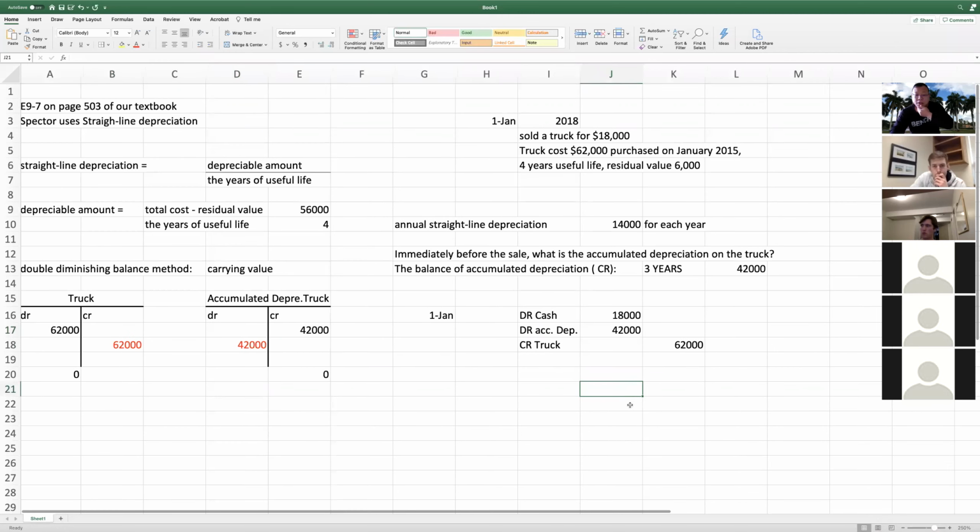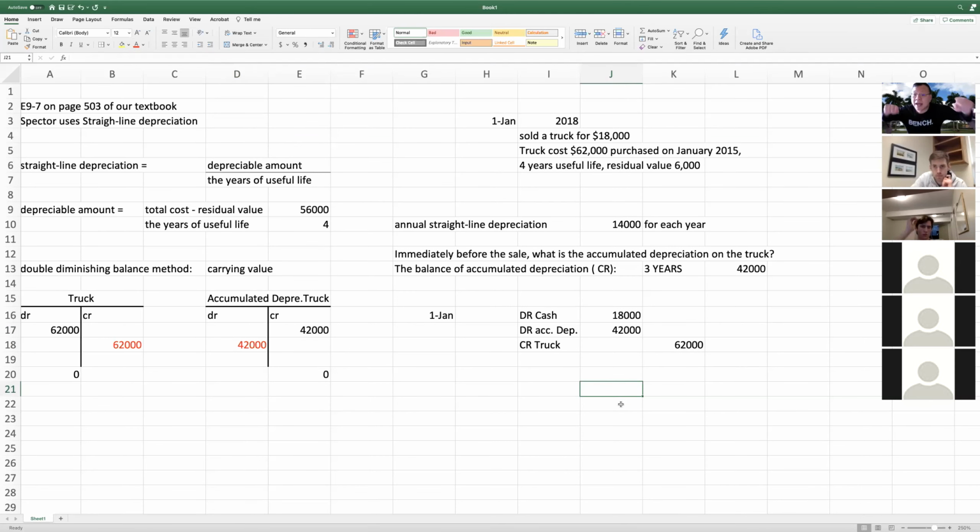Okay. So the next step is to make this journal entry balanced, right? Remember, for every journal entry you make, the total debit has to equal total credit. So take a look: my total debit here is 60,000, and what's my credit here? 62,000. So do I need additional debit or additional credit?